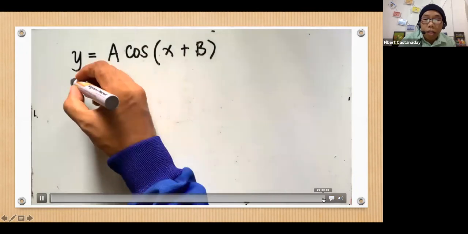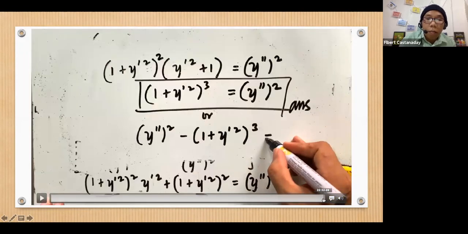Sorry for that. Why did it become squared? Because the common factor here is 1 plus y prime squared, by factoring by grouping. It is already grouped, so this is common and we factored it out. What remained in the first term is y prime squared.